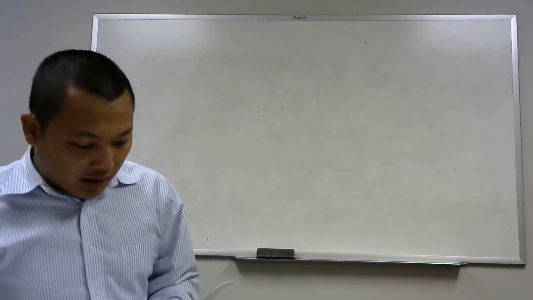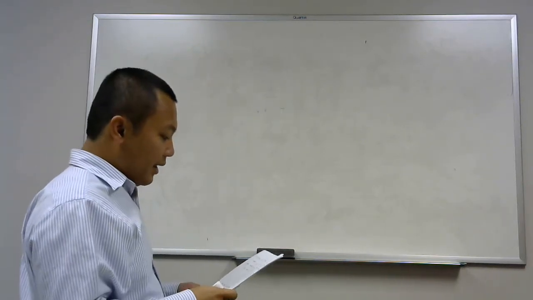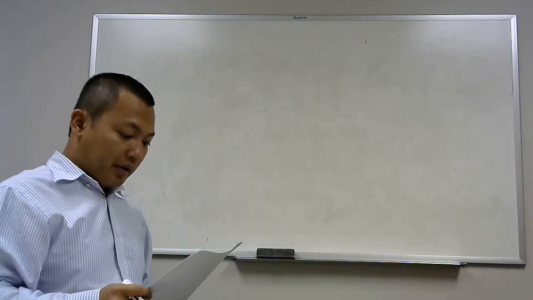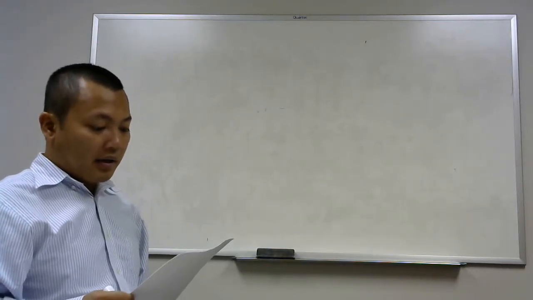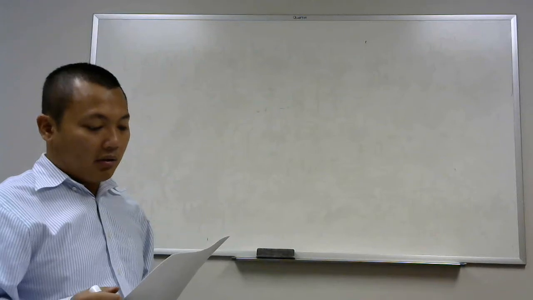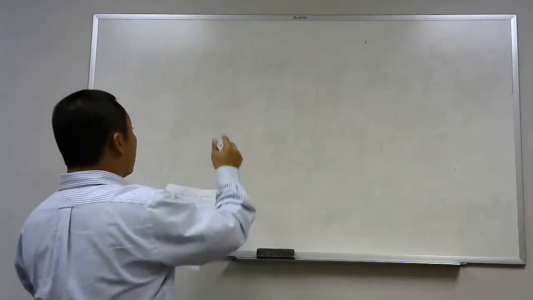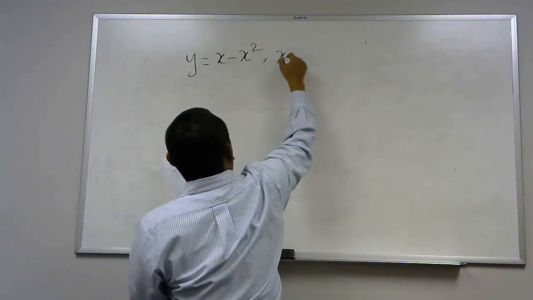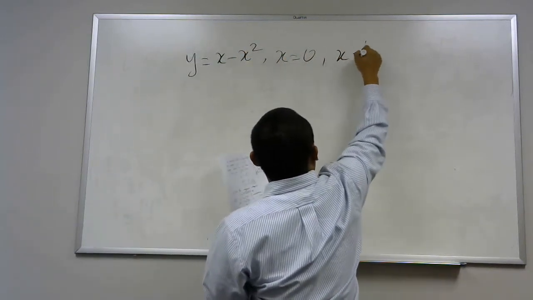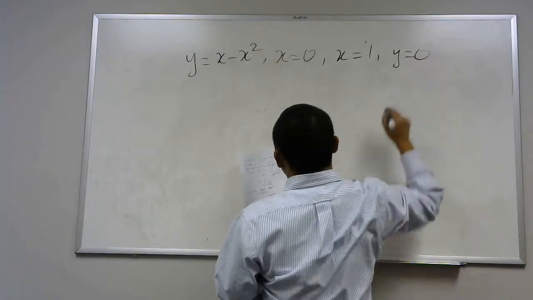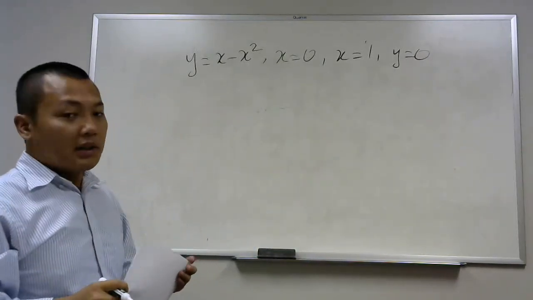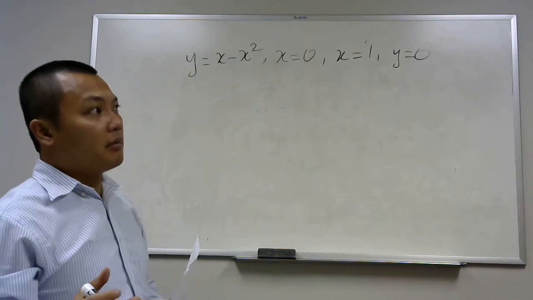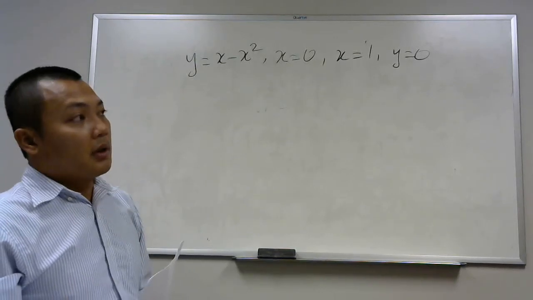Let's move to the fourth one. In this problem, we need to find the area, right? Find the area of the region bounded by the graph of the equation y equal to x minus x squared, x equal to 0, x equal to 1, and y equal to 0. So in this problem, we have to find the area of the region bounded by some curves.